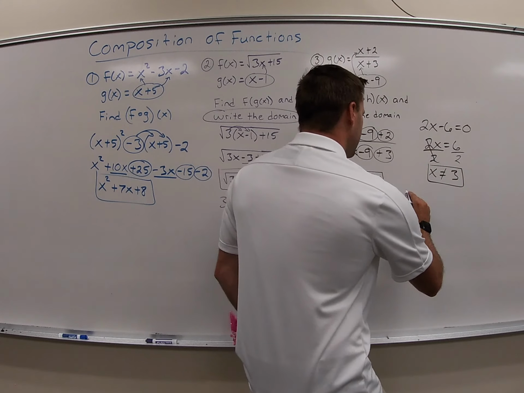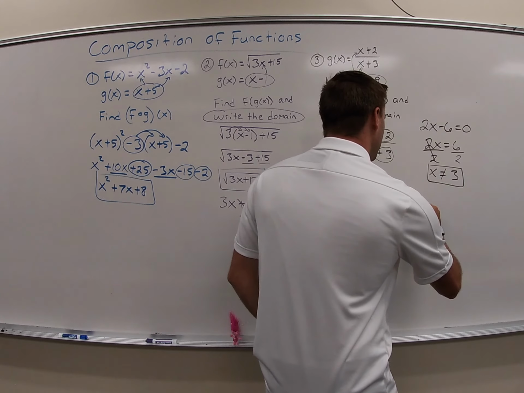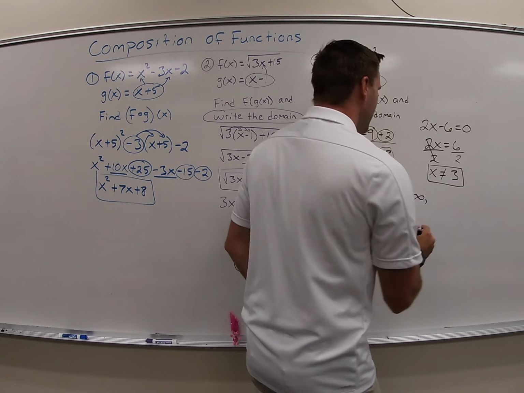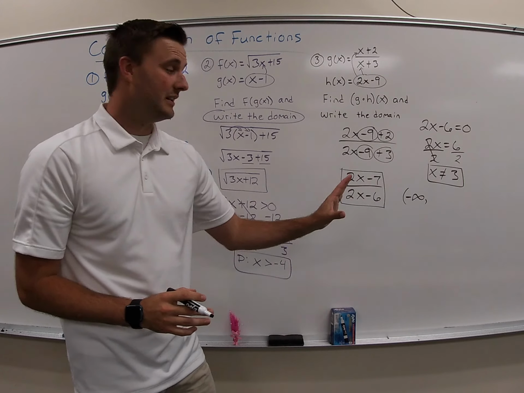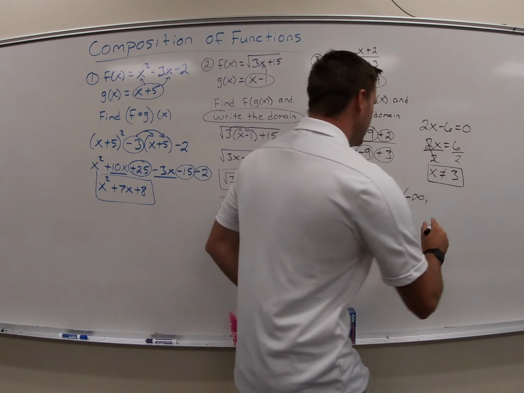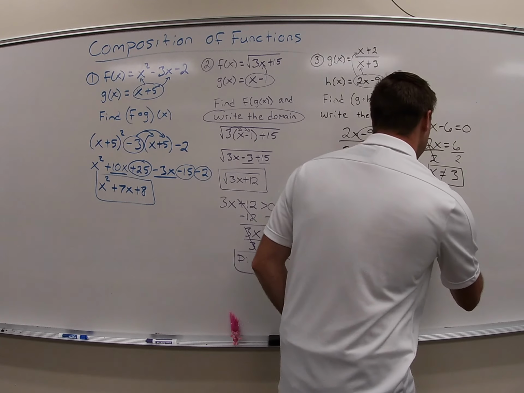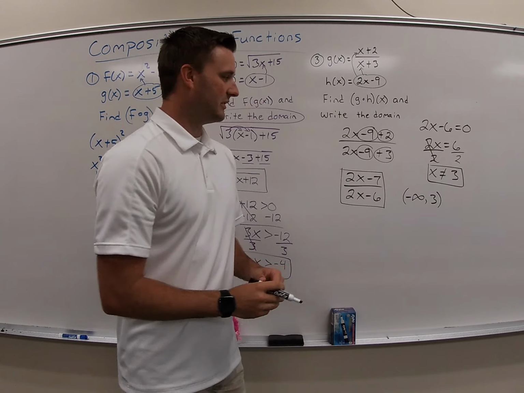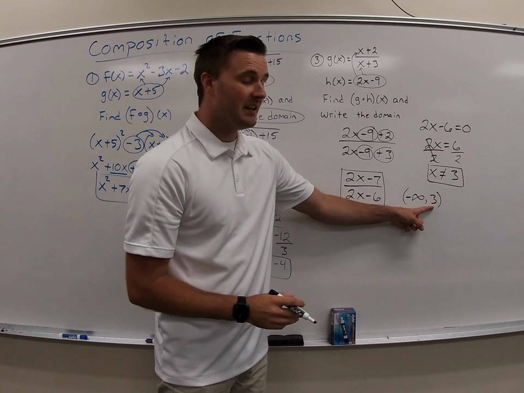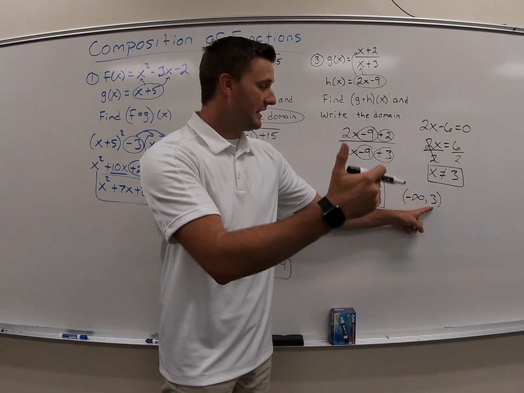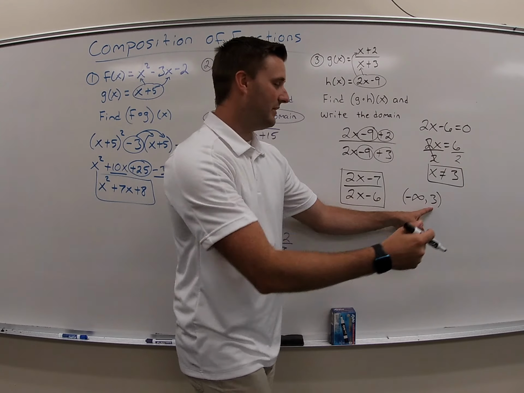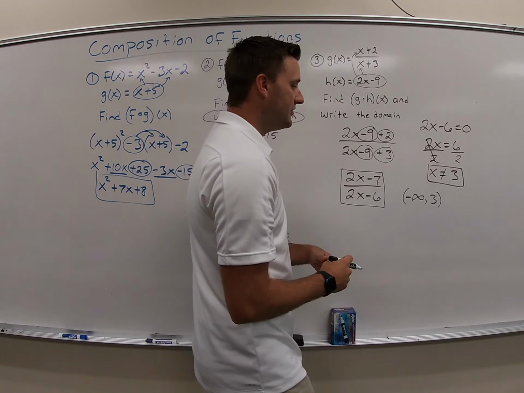In interval notation, I can have all my numbers from negative infinity, comma, to positive infinity, but all the way up to 3. So negative infinity to 3, but it can't be equal to 3, so I have to use a parenthesis. And then I need another set to say from 3 to positive infinity. So what we're going to do is use what's called union.